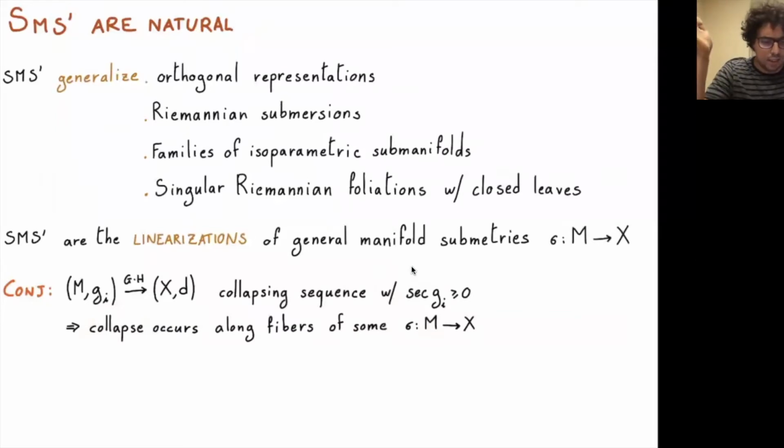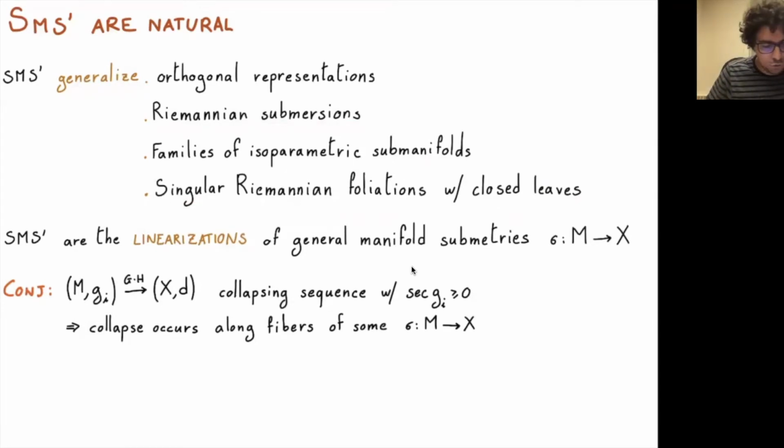They generalize a number of things: orthogonal representations, as we just discussed, but also Riemannian submersions, other objects called isoparametric submanifolds that I'm not going to define because they're not important to our discussion, and singular Riemannian foliations with closed leaves.